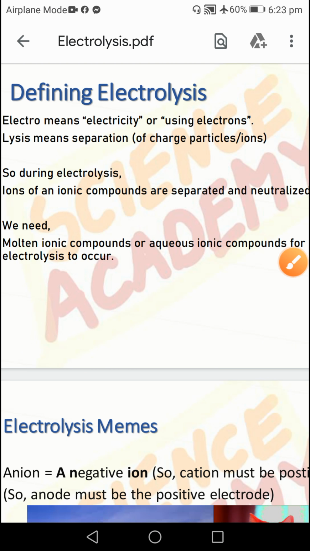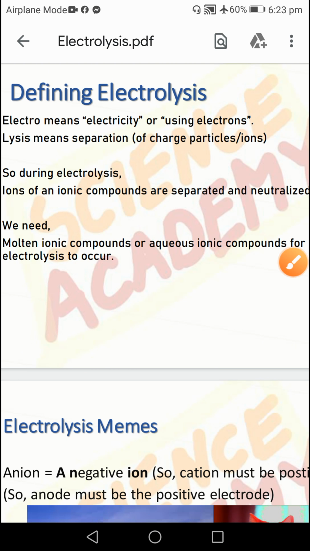Okay, now let's go to the circuit setup of electrolysis. So here we have an unlabeled diagram, but I will label it for you. You must write it in your copy.